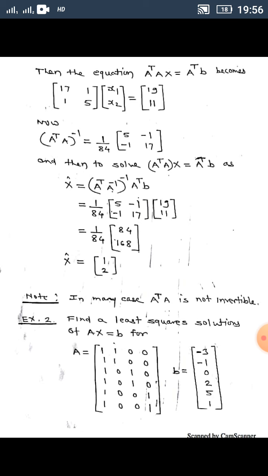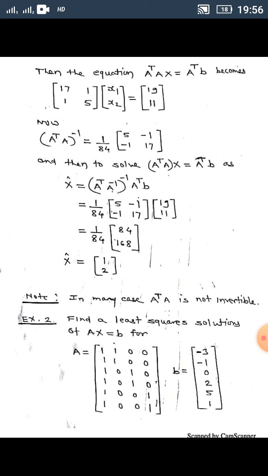Now see here, we multiply first these two. 5 into 19 minus 11, that is 95 minus 11, that is 84, and minus 1 into 19 is minus 19 plus 17 into 11, that is 187, minus 19, that is 168.